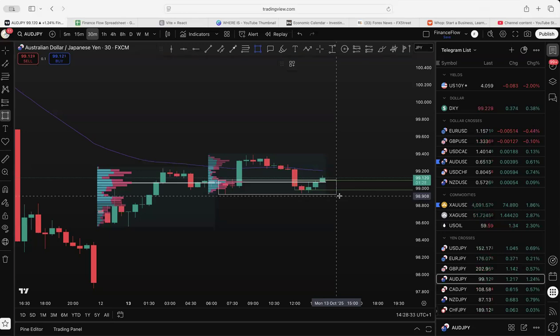So put this into your routine and it will really help you cut out these not so much bad trades, but you want to trade something that has a higher probability. So just be aware of that.